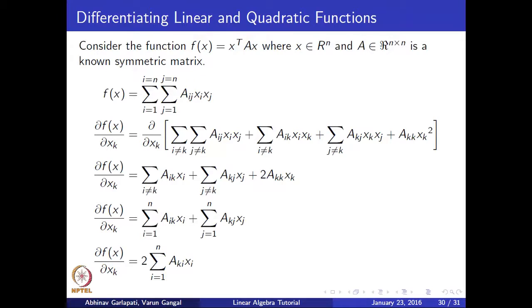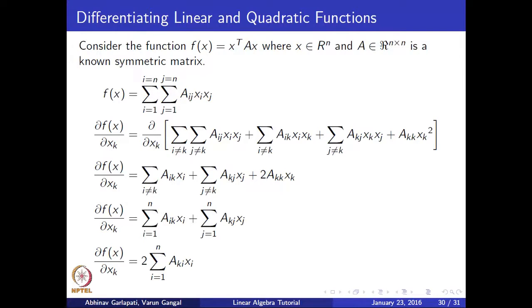Now let's have a look at how one can find the gradient and Hessian for the quadratic form of a known symmetric matrix A. We can write down f of x as the sum over i equals 1 to n, sum over j equals 1 to n of aij xi xj. We can split up this summation into 4 terms based on whether i and j are equal or not equal to k.